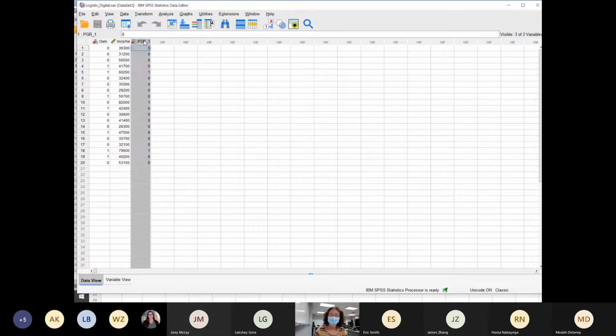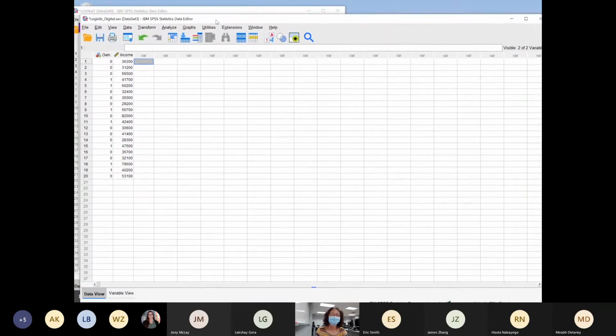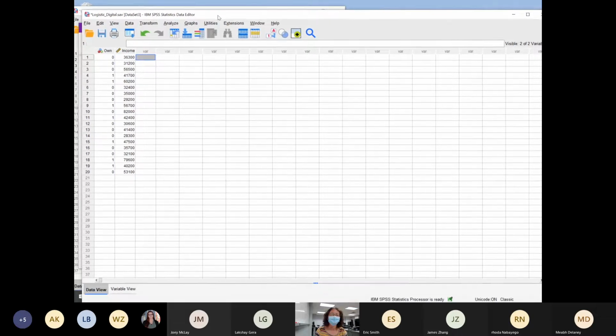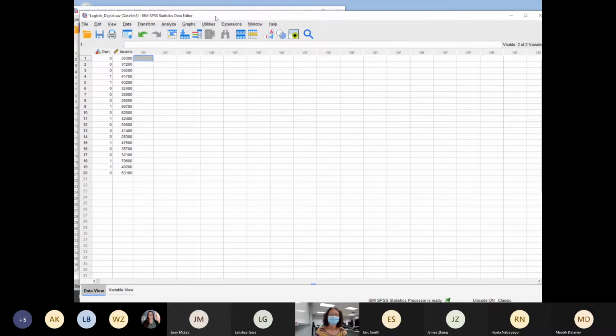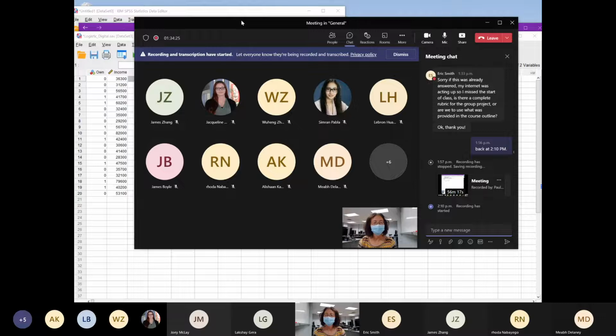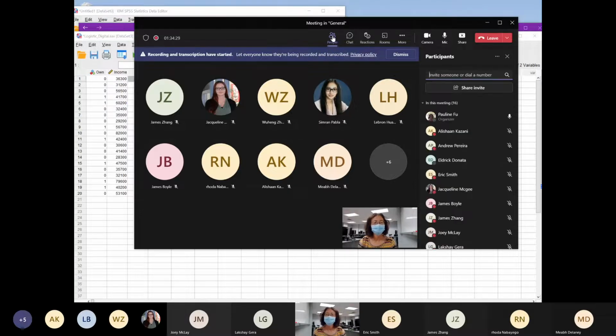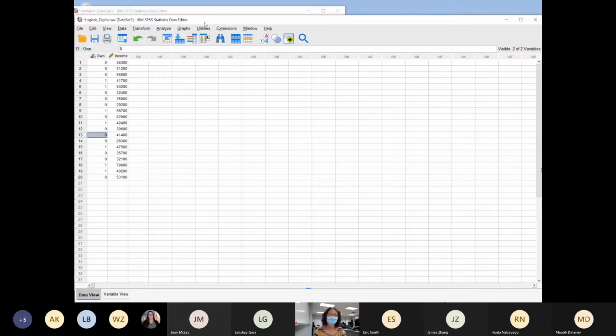So I'm going to delete this one. So this is the data. Any questions to get the data? Right. This is the chart. Okay, so let's fit the model.